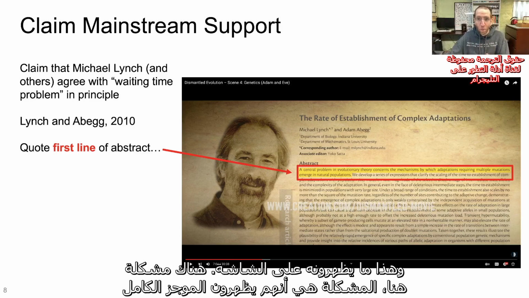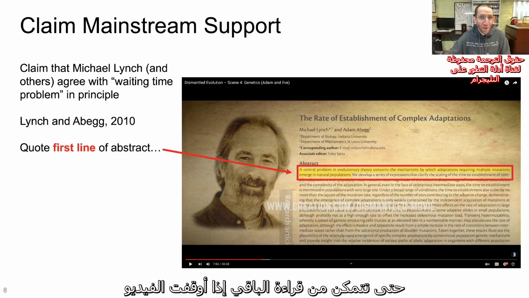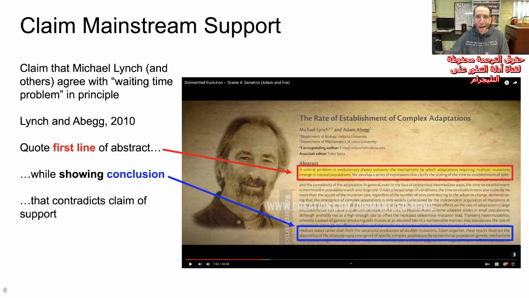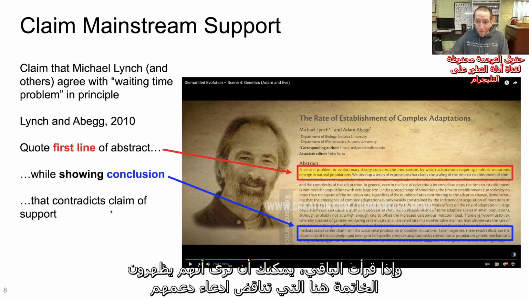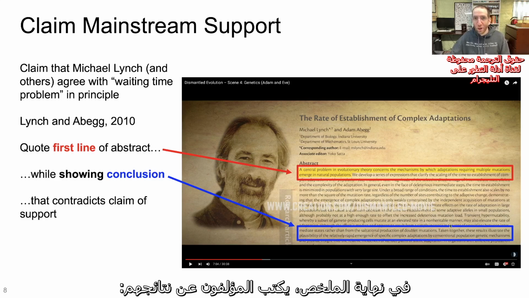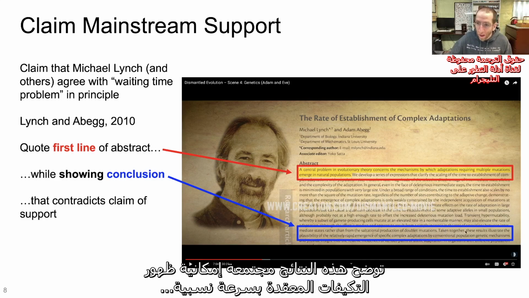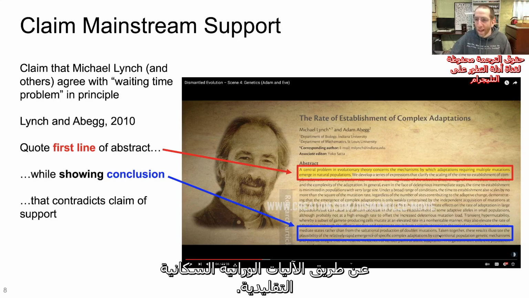There's a problem here. The problem is that they show the full abstract. So you can read the rest of it if you pause the video. And if you read the rest of it, you can see that they actually show the conclusion down here that contradicts their claim of support. So at the end of the abstract, these authors write of their results, taken together, these results illustrate the plausibility of the relatively rapid emergence of specific complex adaptations by conventional population genetic mechanisms.